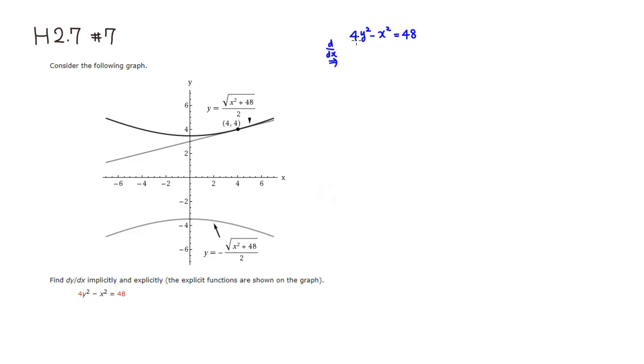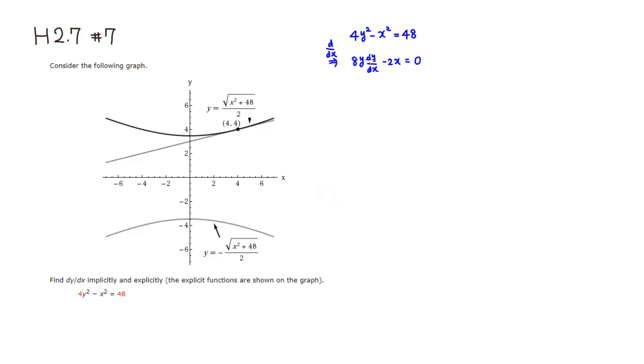The derivative of 4y squared, since it's a different letter, is 8y, but you have to multiply by dy over dx. Then the derivative of negative x squared is negative 2x, and the derivative of 48 is 0, since 48 is a number.